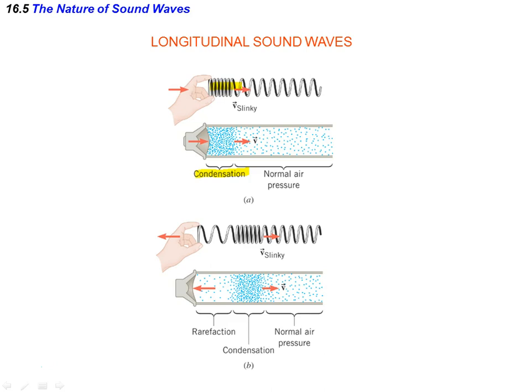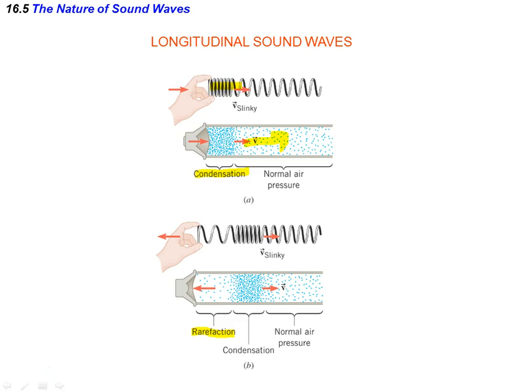So we get a little condensation of air, and then that travels through the normal air pressure, and when it moves forward in this normal air pressure, it leaves behind it a temporary vacuum of sorts, which then creates this rarefaction. And so that's a less condensed piece of air as compared to the normal air pressure.